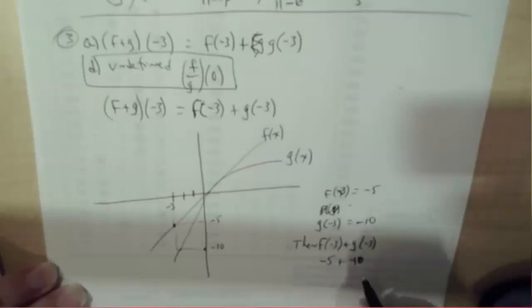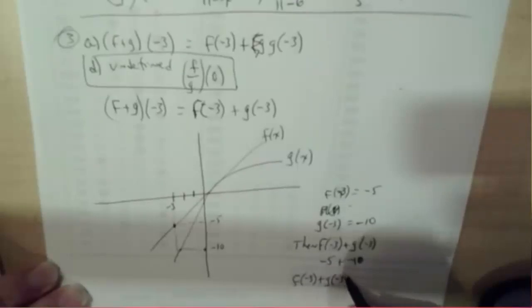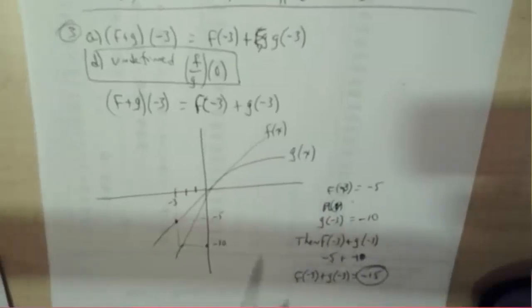So these two together, f of negative 3 plus g of negative 3, is negative 15, negative 5 and negative 10. I hope that's right for you.